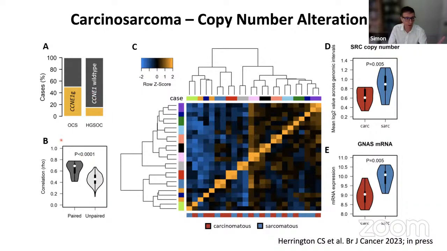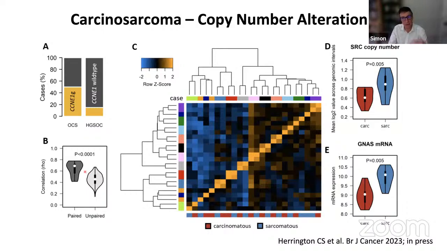Down here at part B, the correlation analysis simply shows that the copy number variation identified in the carcinoma and sarcoma components correlates much more highly in the paired tumors than if you treat them as unpaired. So that means that the individual tumors, their carcinoma and sarcoma components, are more closely related than the individual carcinomas across cases.